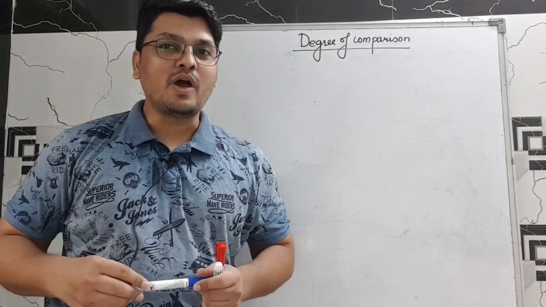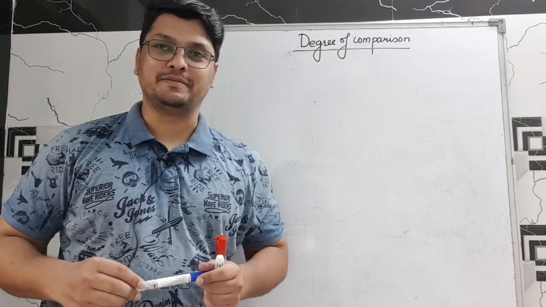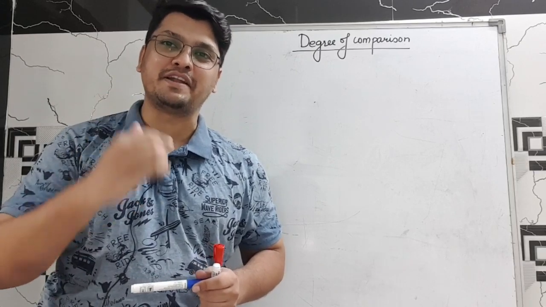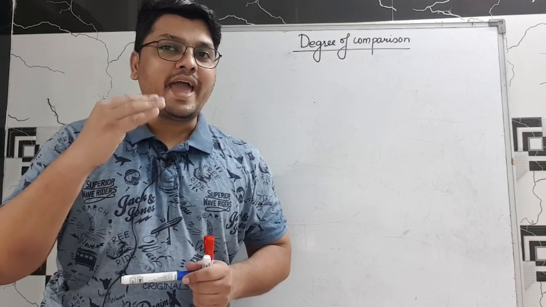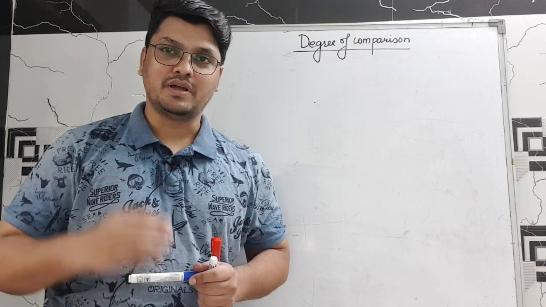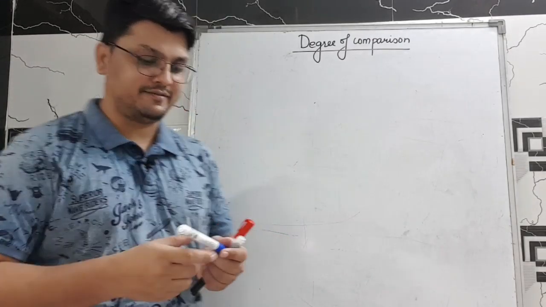As you all are well acquainted with this topic, degree of comparison, you have learnt it in your previous standards. As we know, most adjectives have three different forms: positive, comparative and superlative.